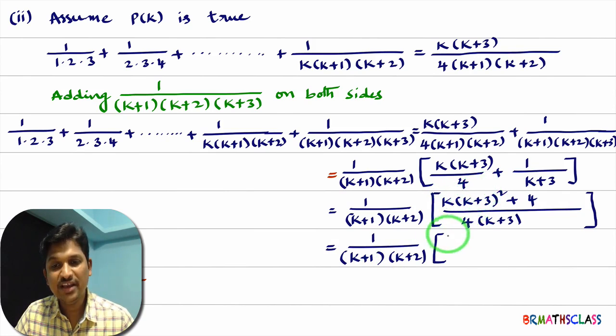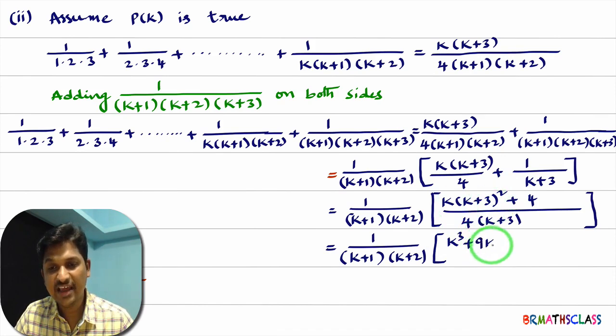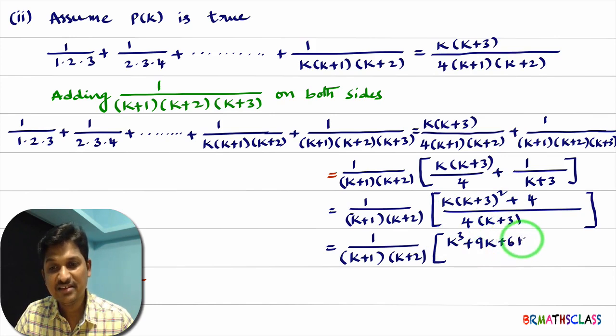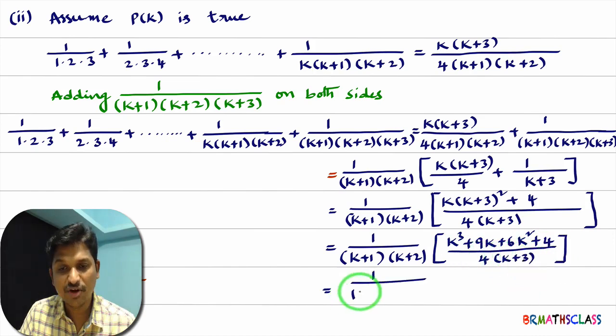K square into k, that is k cube, plus 3 square is 9 into k, 9k, plus 6k into k, that is 6k square, plus 4, whole divided by 4 into k plus 3, 1 divided by k plus 1 into k plus 2.